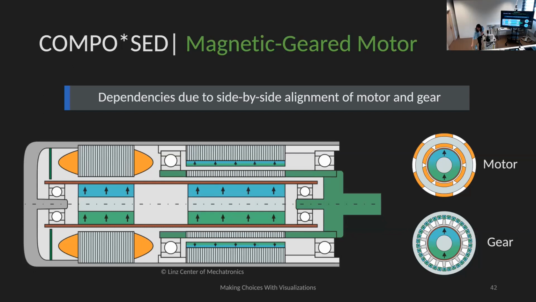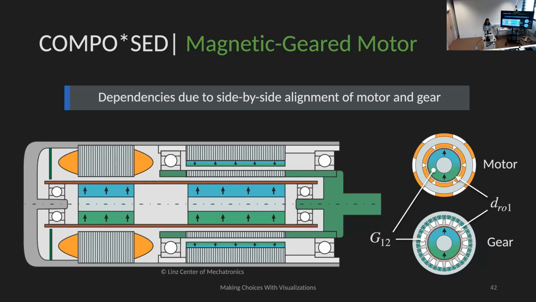And then motor and gear share a high-speed rotor, which means that the outer diameter for this rotor should be the same for both components. And the components are also connected via their gear ratio, which is given between the shared high-speed rotor and the output rotor, which is located in the gear.